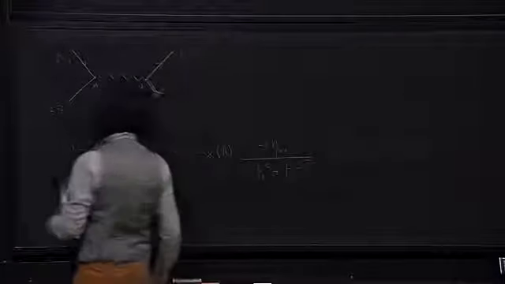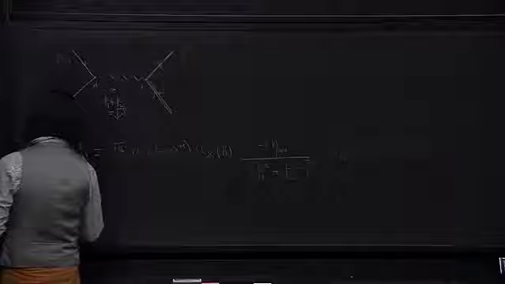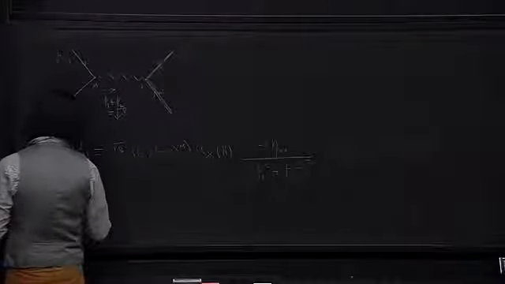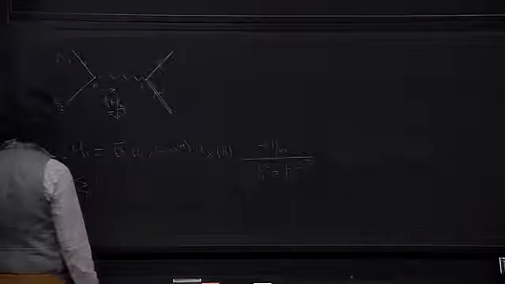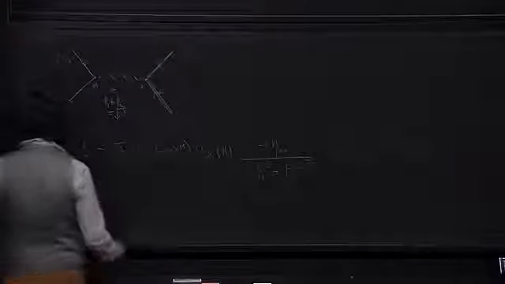and then we can sum over the final spin states and average over the initial ones. And because there are two initial particles, the averaging factor is 1/4.